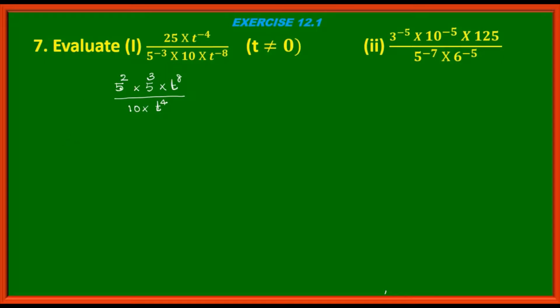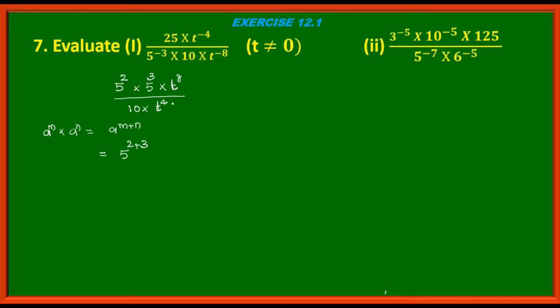Then let us apply here the exponential law. a raised to m into a raised to n comes a raised to m plus n. So here 5 square into 5 raised to 3 we can write as 5 raised to 2 plus 3 by using law of exponent.